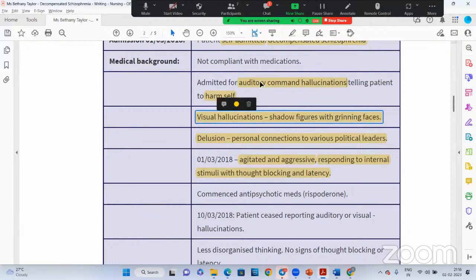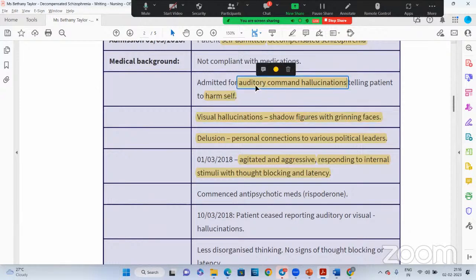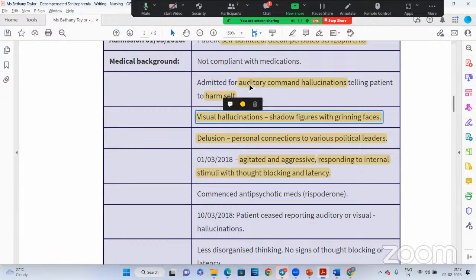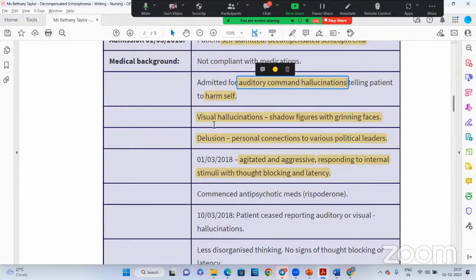Visual hallucinations are there and auditory hallucinations are also there. So all types of hallucinations, audio and visual, are there. See how I am taking the sentences from where and where: auditory command hallucinations and visual hallucinations. Both types of hallucinations are there. You have to understand this one.